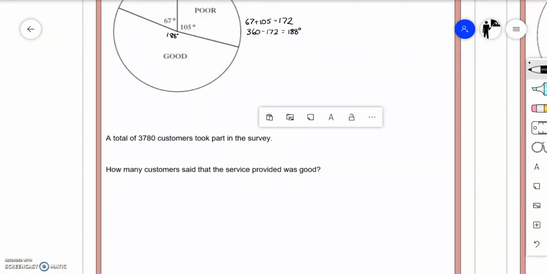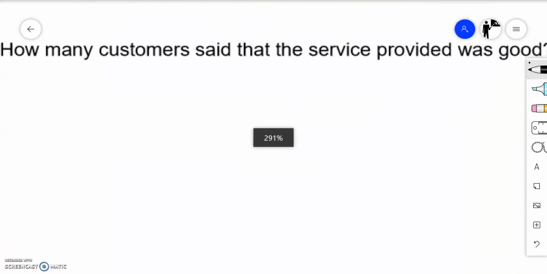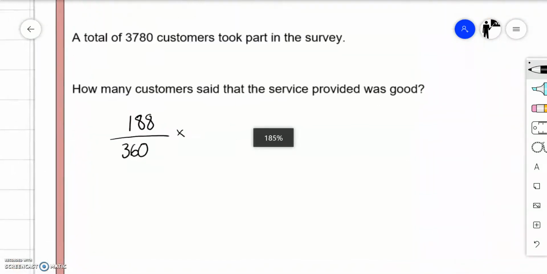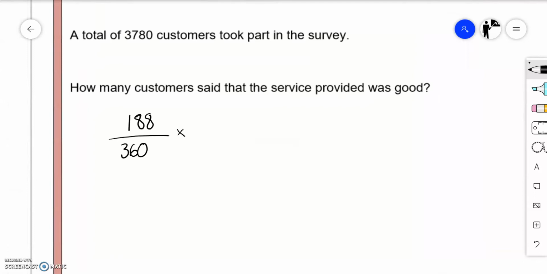So we know that 3,780 customers took part in the survey. How many said it was good? Well, we know 188 degrees of the pie chart represents good. And I like to sometimes set this up like a test mark. So 188 out of the total of 360 degrees said that it was good. Okay, that's the proportion of the pie chart that said it was good.